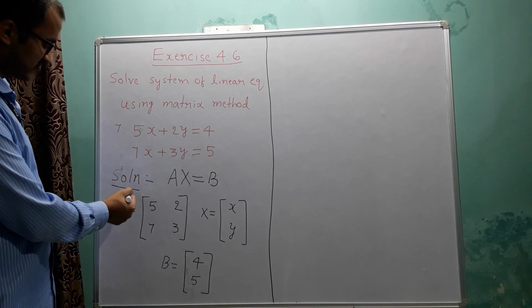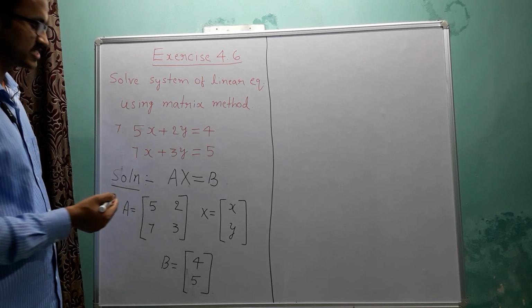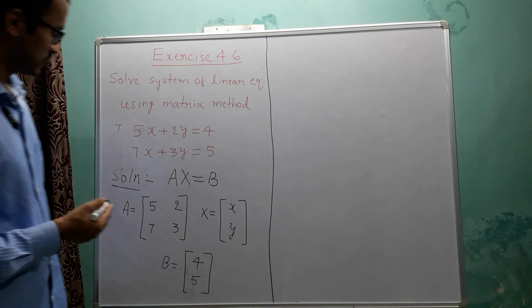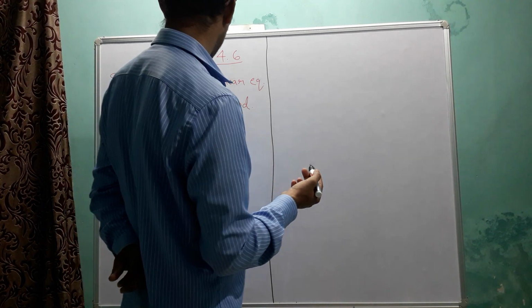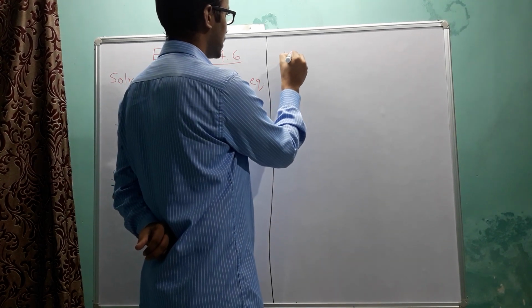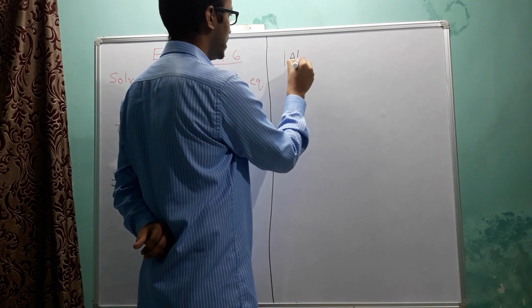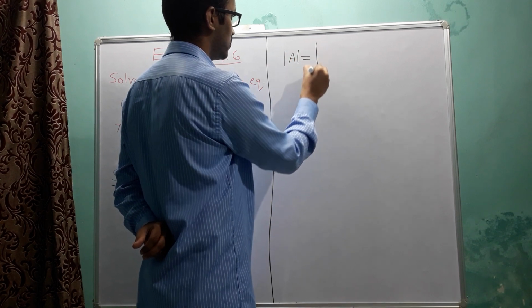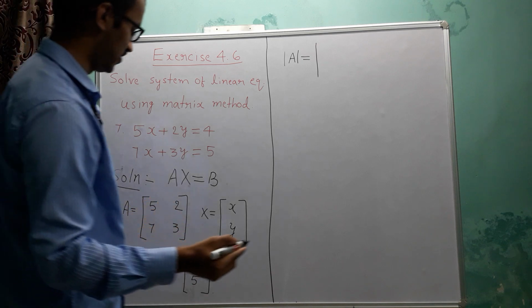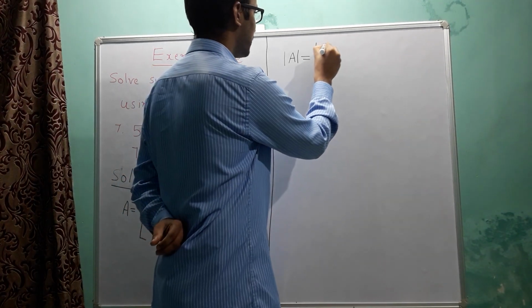Now let us check whether the coefficient matrix A is singular or non-singular. To check this, let us consider the determinant of A. That is, determinant of 5, 2, 7, 3.